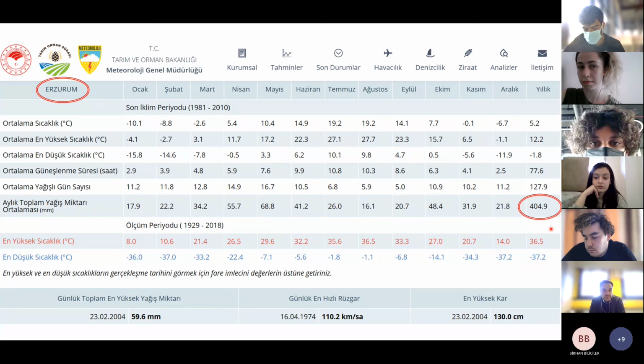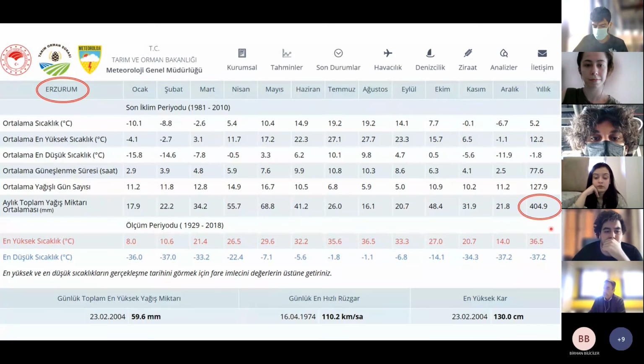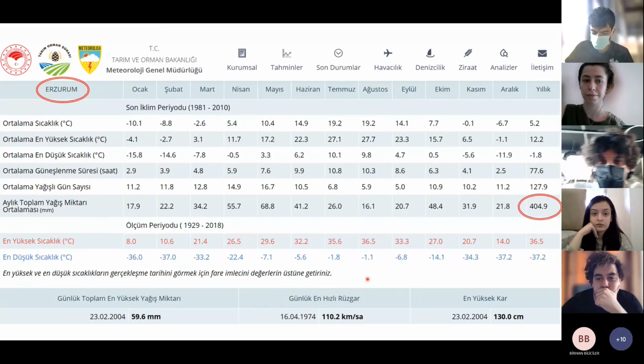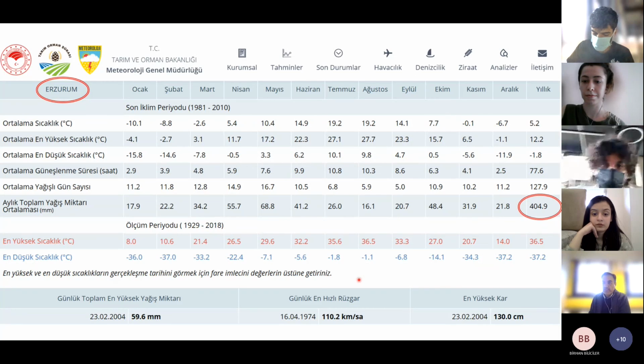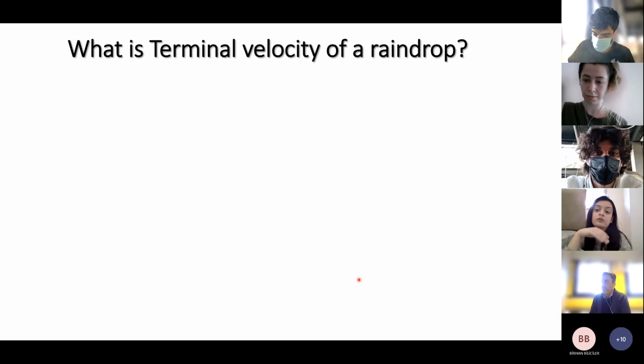In other words, Rize province receives 5 times more rainfall than Erzurum. Why? Because of the orographic effect. The main difference here is the orographic effect that sets these differences between the precipitation.